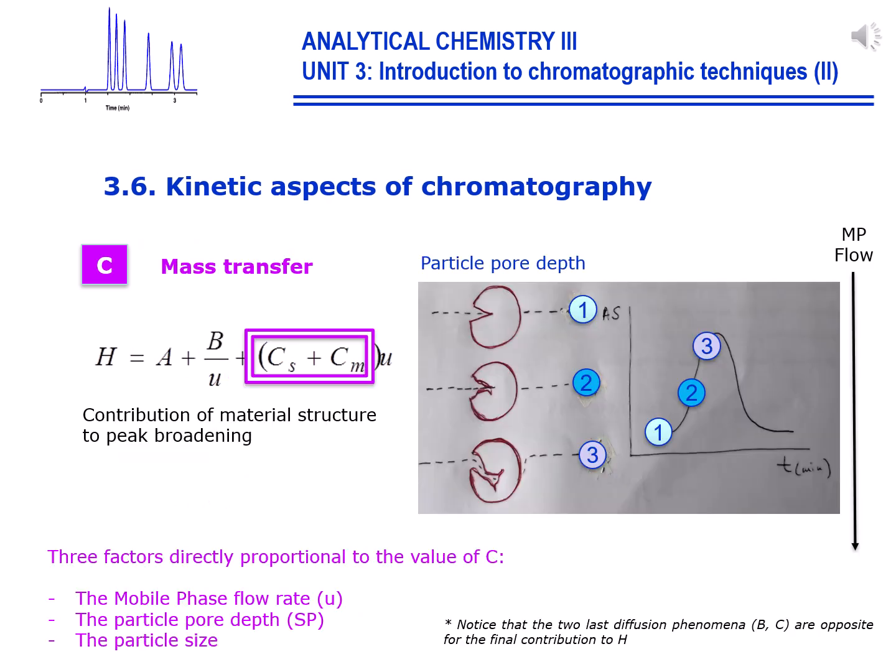C is the mass transfer resistance, since the solute needs a certain time for equilibrium to be established between mobile phase and stationary phase. Recall that this equilibrium was defined by Kd, the distribution constant. This time is rarely completely reached in chromatographic times, so that molecules are dragged forward before they have fully equilibrated with the stationary phase.